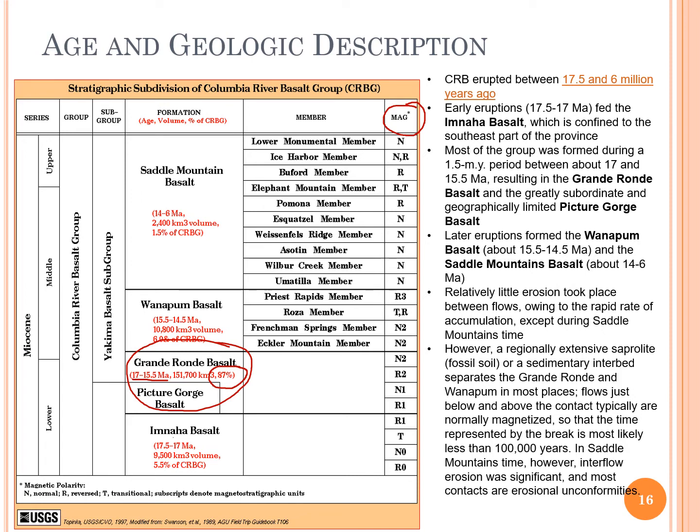I should point out a couple more things here on the right. The flows were semi-continuous over this period of time, so very little erosion seems to have taken place between the flows, and that's partly because it's a rapid accumulation, and with a few exceptions, there isn't a significant erosional unconformity between these flows.